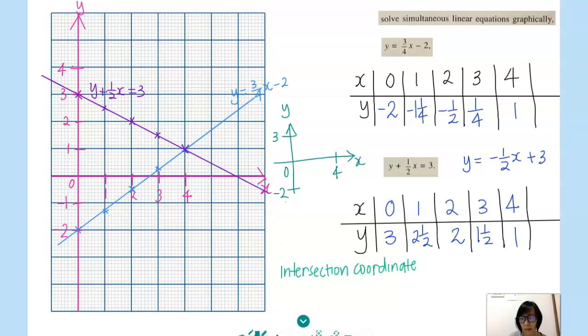The coordinates of this intersection point are 4, 1, right? So therefore, the solution for this pair of simultaneous equations is x equals 4 and y equals 1.